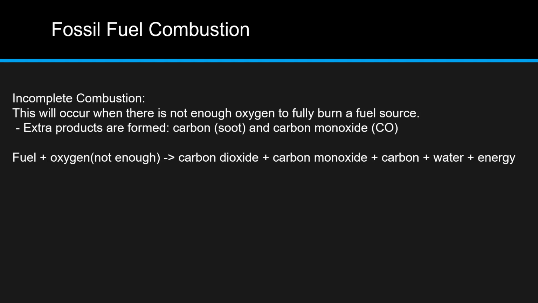An incomplete combustion is where we get extra products being formed. We're going to have these extra things like carbon and carbon monoxide being formed. And this is when it becomes an issue. We can see the general formula of, oh, all of a sudden we're getting a lot of extra things being produced when we don't have enough oxygen to actually burn the fuel source enough.